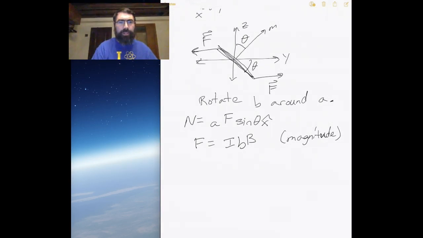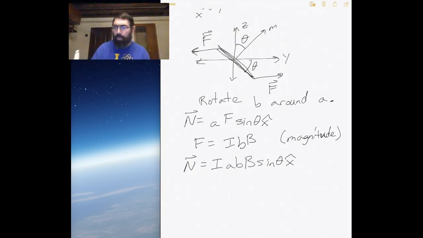And so if I put that all together, I get the torque is the current times A times B times the magnetic field times the sine of theta in the x direction, or the current times the area times the magnetic field times the sine.